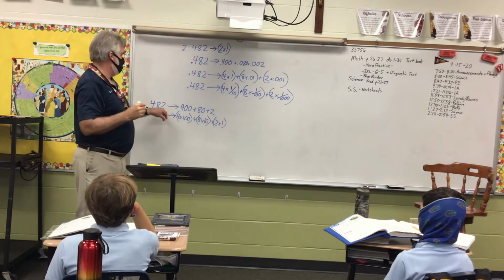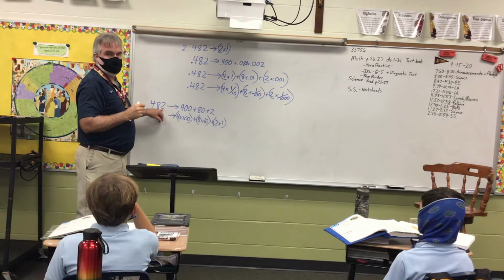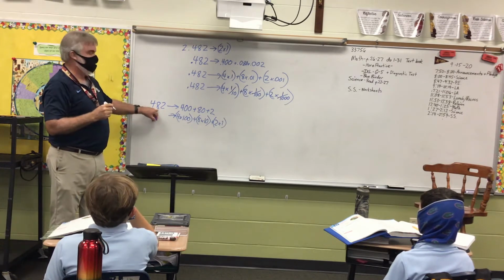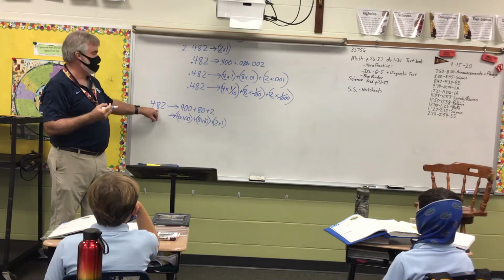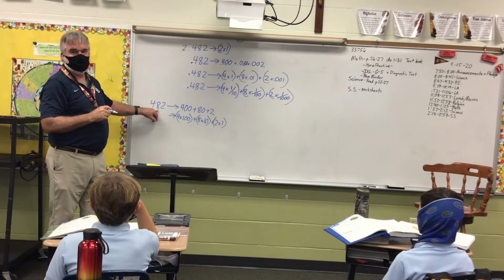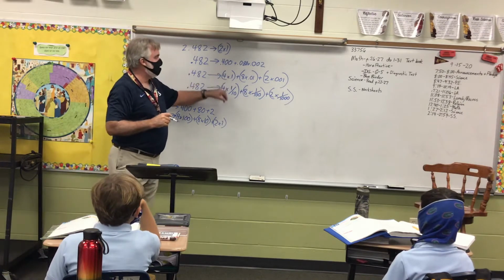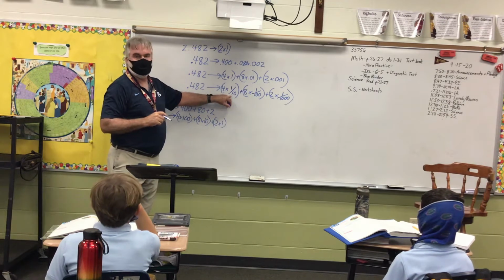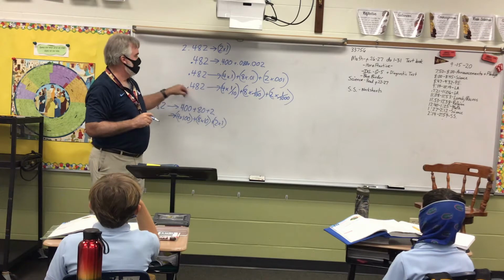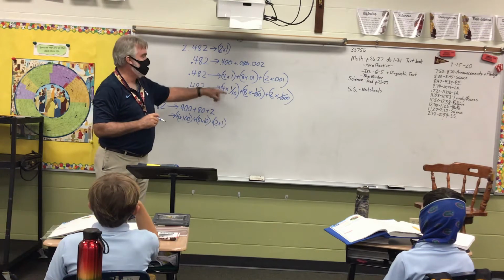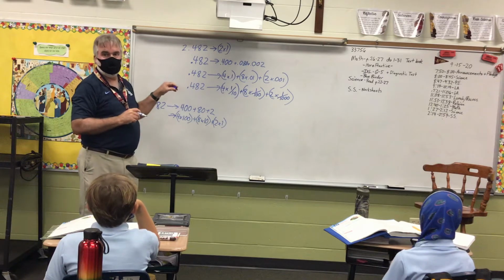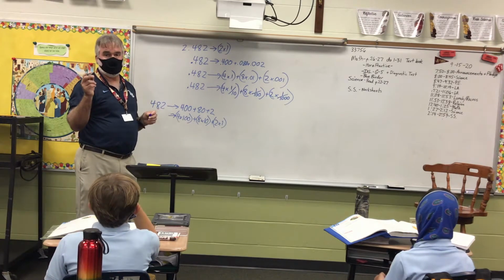It's a ones digit, so it's 2 times 1. If it's in the tens digit, it's times 10. Over here on this side, it would be the tens, not a fraction, a whole number. It's a good question.